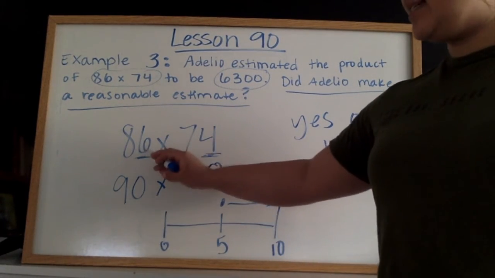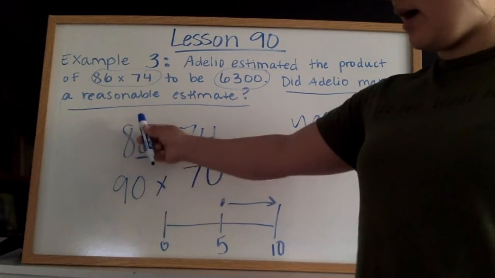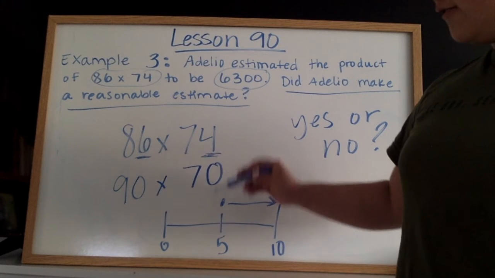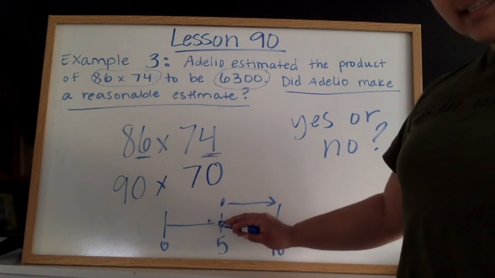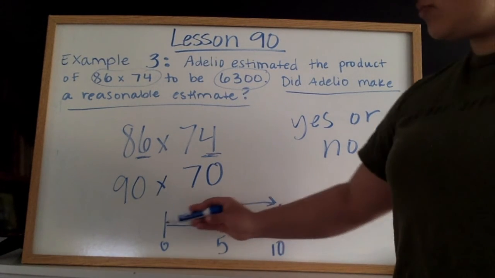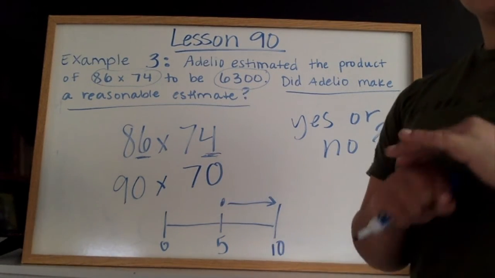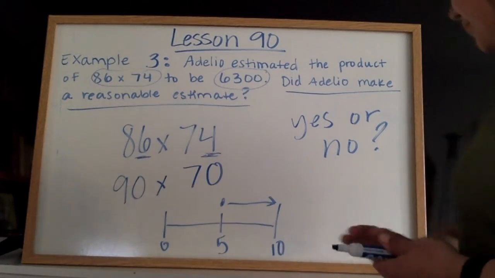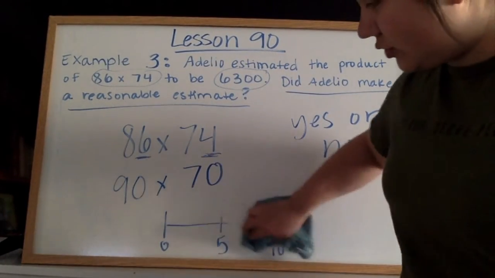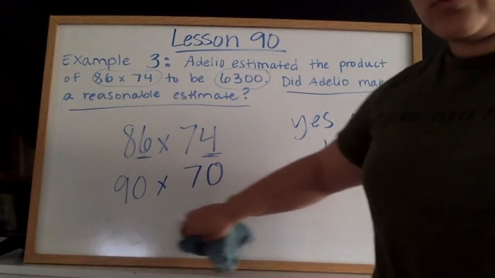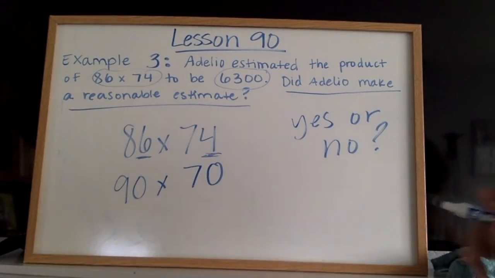Since this 6 is above the 5, we round up, which we did here. Since in 74 the 4 is less than 5, we just round down. Isn't really the right word, but we just stay the same. So there's kind of two ways to think about it. There's a visual way, or there's just remembering the rules of it.